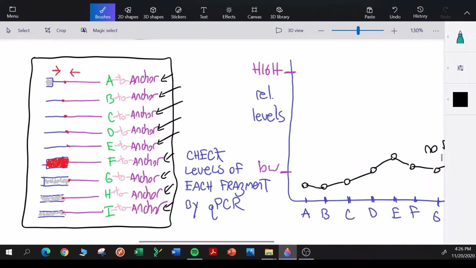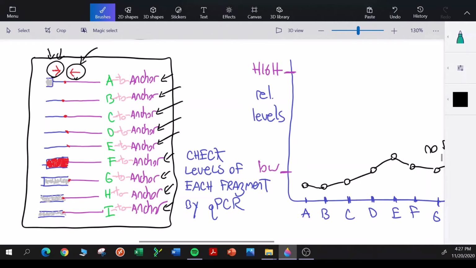So what we need to do now is use qPCR, quantitative PCR, with our primers. One for the anchor and one primer for each of the different segments. So the anchor primer is going to be the same to test the presence of all of these fragments.